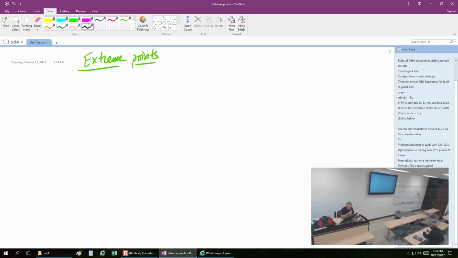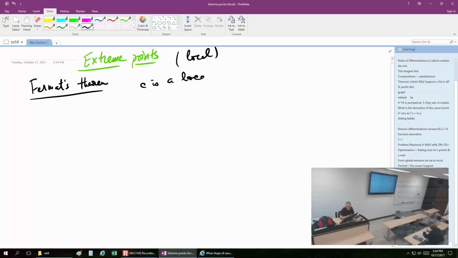So far what we have had was Fermat's theorem. And here I still mean local. If c is a local extreme point, then f prime of c is equal to 0 or undefined.